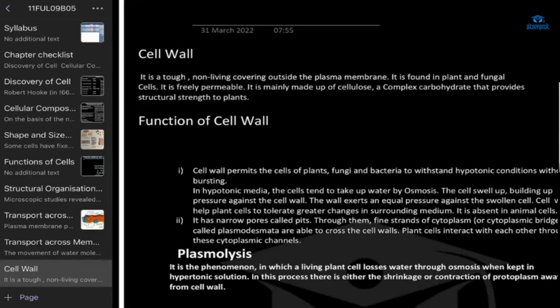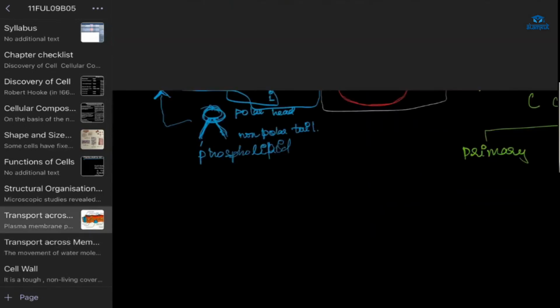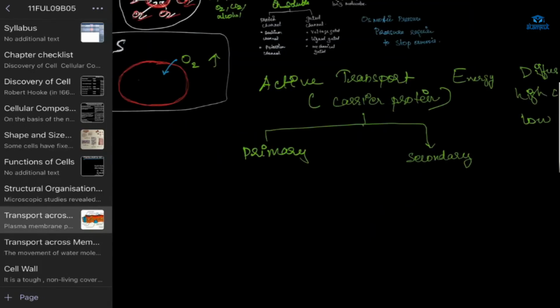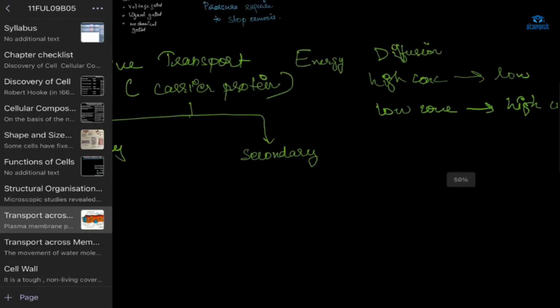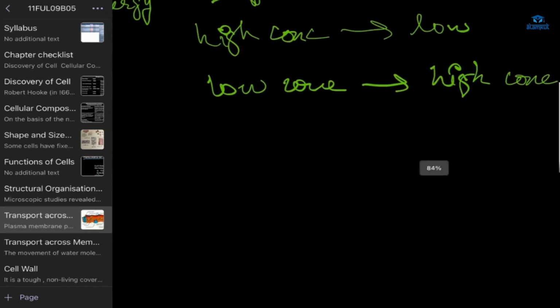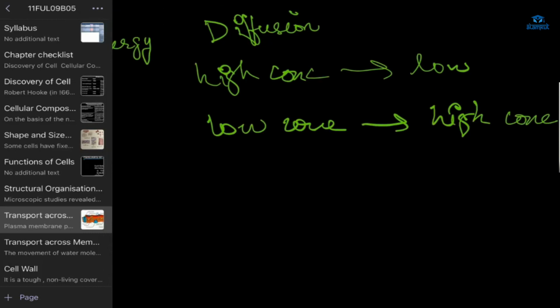Do you guys have any doubts? Just tell me. Are you able to understand? I'm able to understand a little bit, yes, a little bit, no. What, Razi? Ma'am, I have a doubt in active transport. In active transport, what happens?